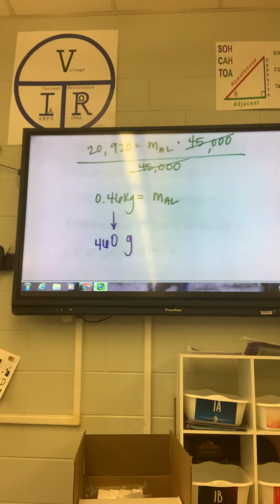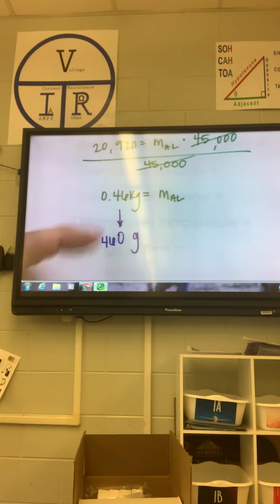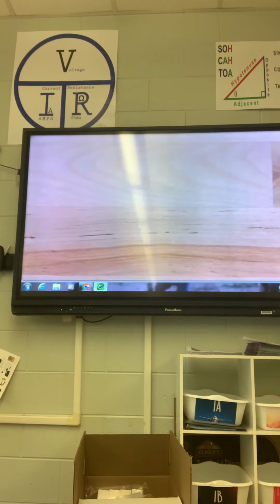Just because I would not put it past Project Lead the Way on the EOC to have a problem like this, and they give you all your answers in grams. They're tricky like that. But again, this is in your formula sheet, so you can figure it out. But we good? Not too bad?